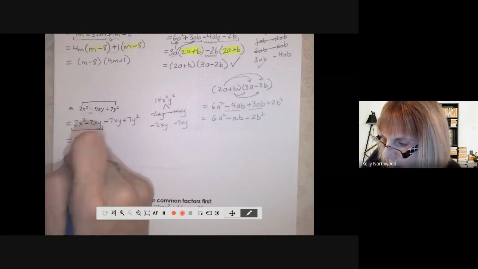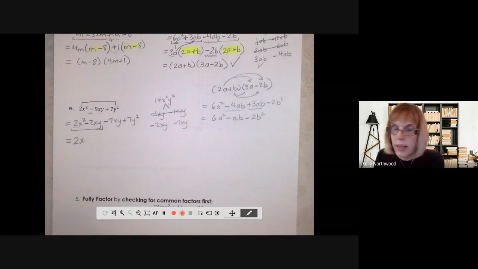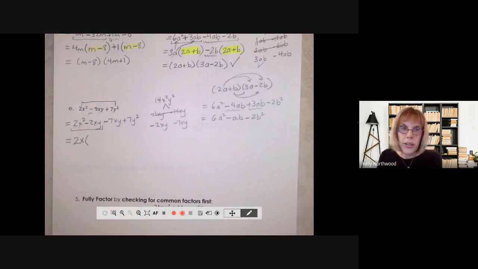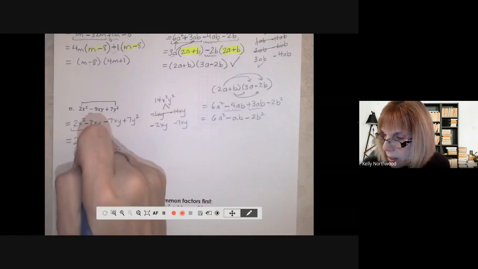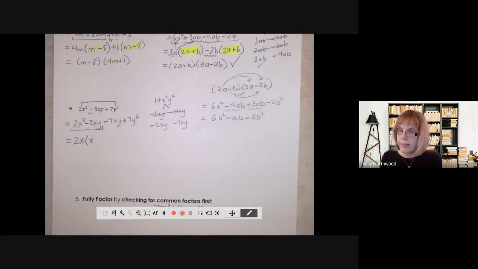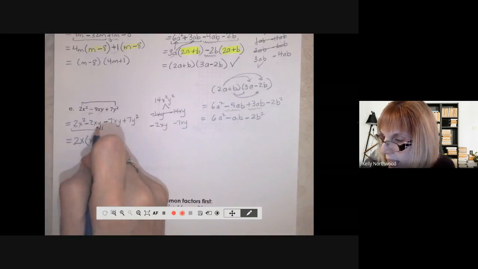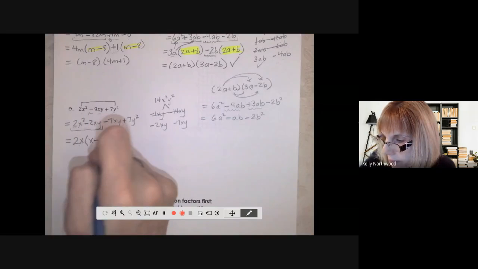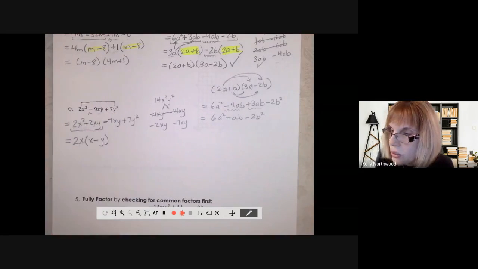They both have an x. X to the 1 is the smallest exponent. They don't both have a y, so x is my common factor. Then I'm looking at what do I multiply x by to get 2x squared? Just 2x. What do I multiply x by to get negative 2xy? Negative 2y.